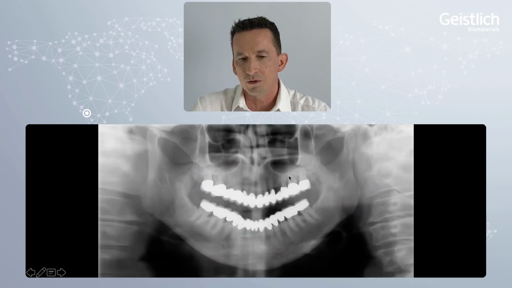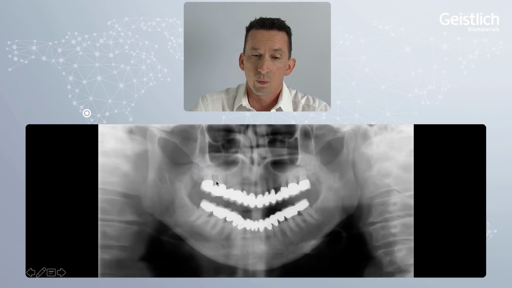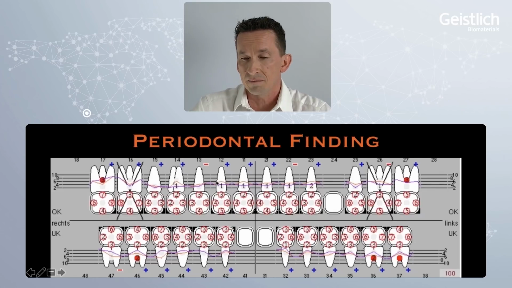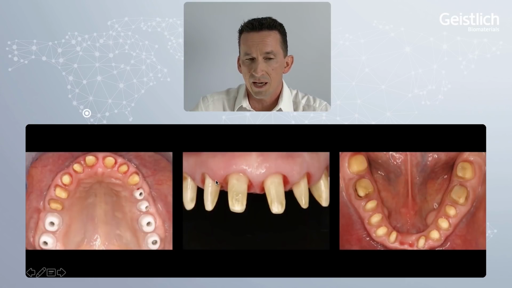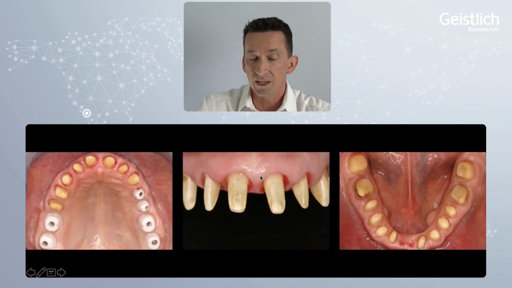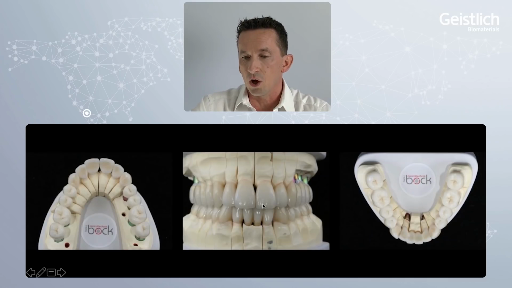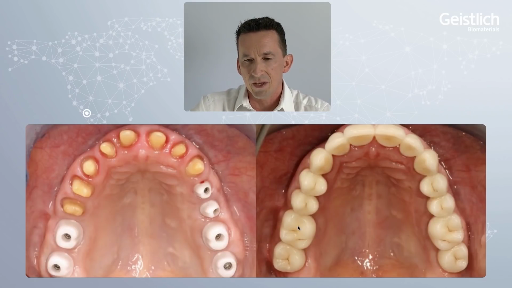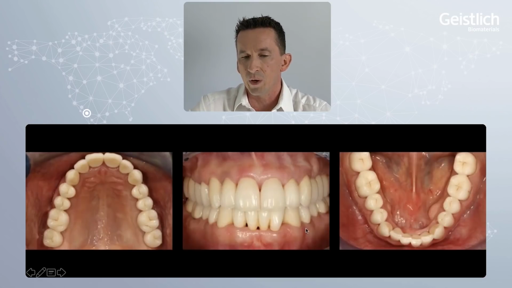She had perio treatment. We had to take out some teeth. And after treatment, she got 6 implants in the upper. And we placed all ceramic crowns on all implants and teeth. So this is the situation how we ended after 1.5 years of treatment, with no recession defects at all.